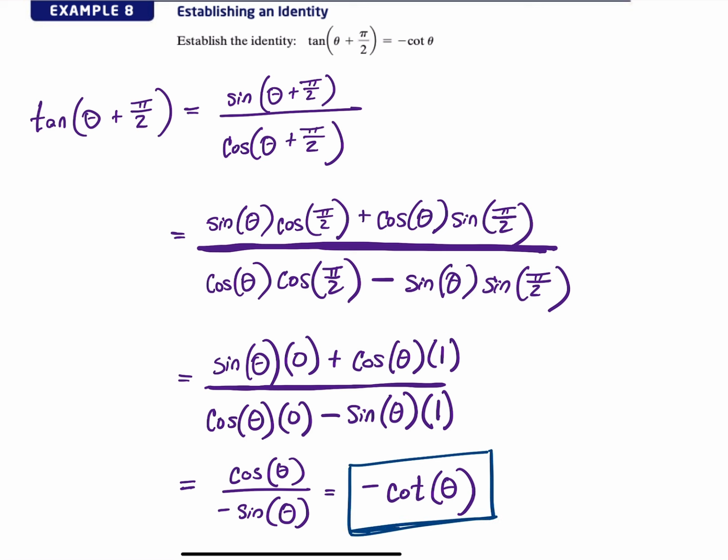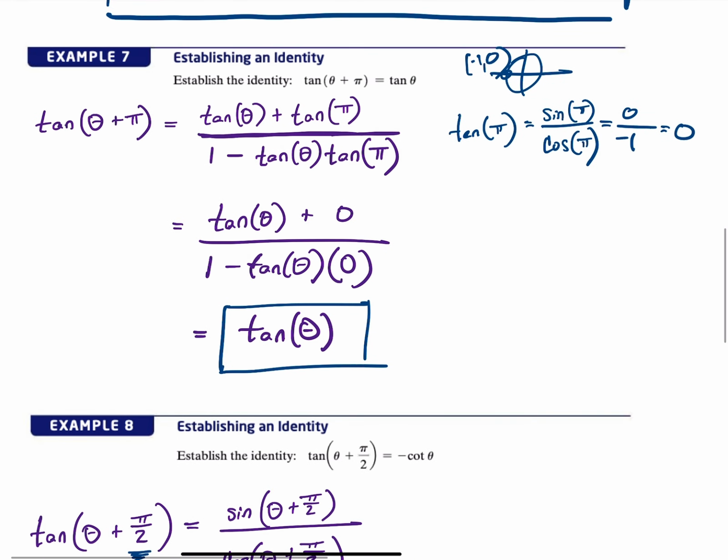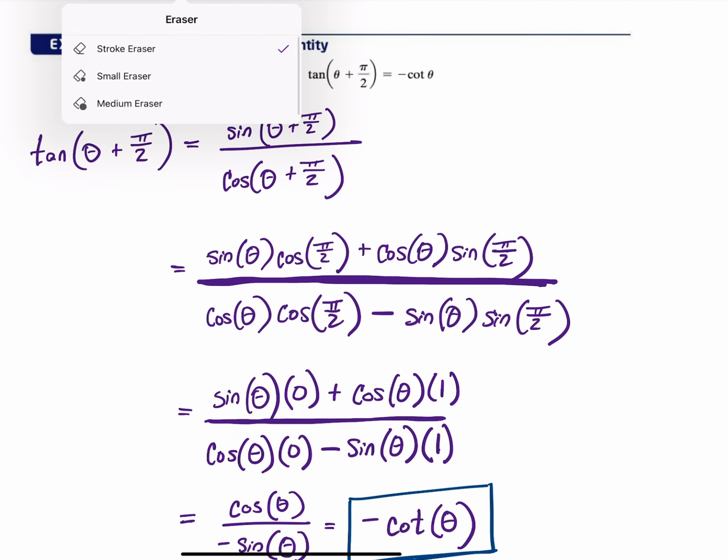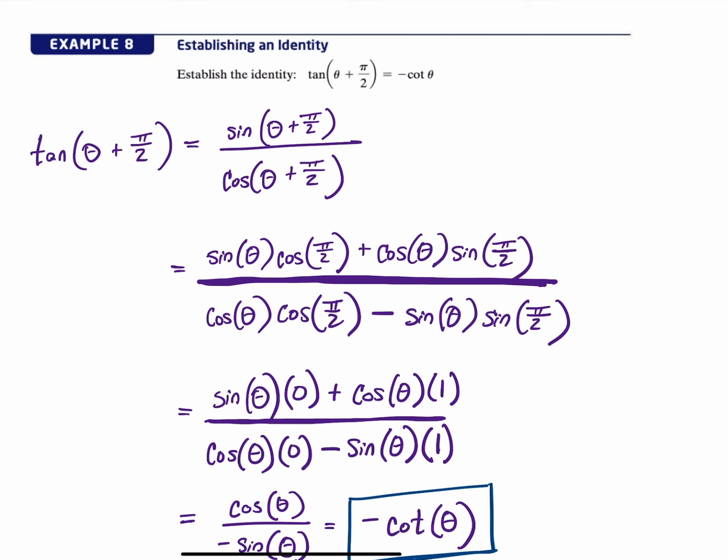So just using these identities in order to verify or establish other identities. And this one was tricky because of this pi over 2. In the last example, we were able to directly use the angle addition for the tangent, but we would end up with some undefined values here for the pi over 2 angle. So we could also take the sine over cosine approach and apply their separate identities and then reduce the result.